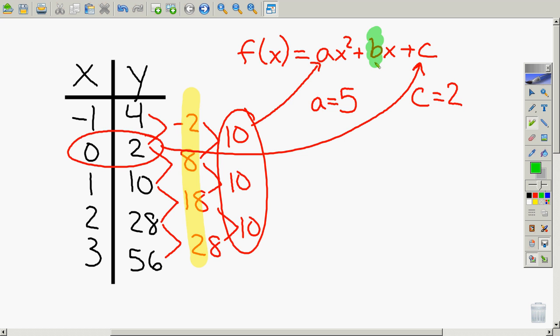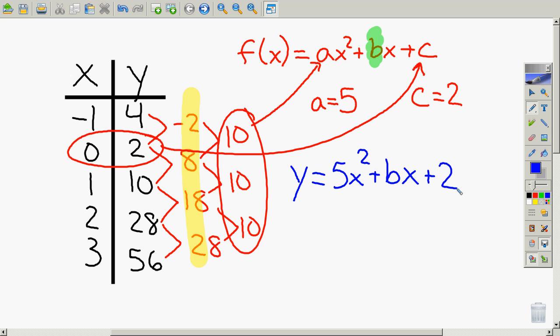Well, the way we're going to do this is we are going to pick a point. And so I'm going to rewrite this function like this: y equals, instead of a, 5x squared plus bx, because we don't know what b is yet, plus 2.